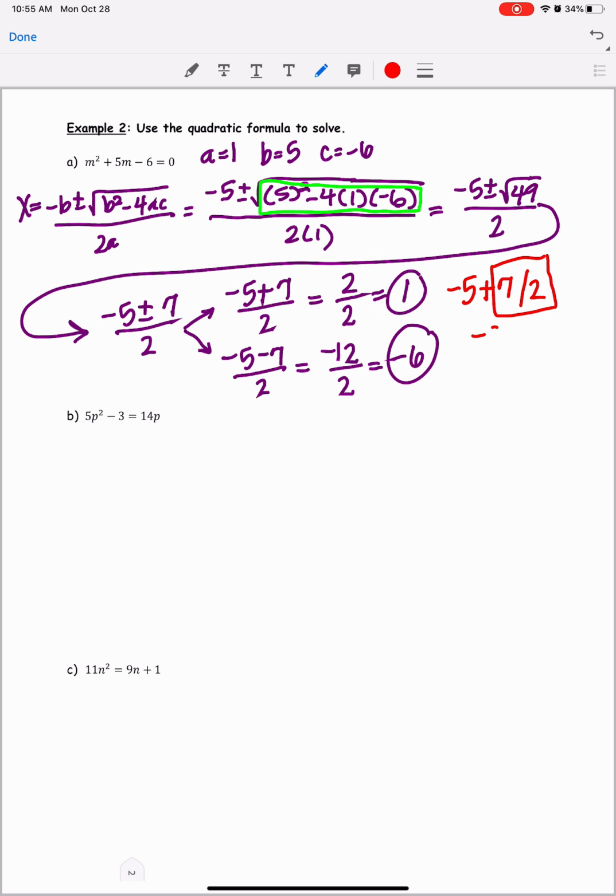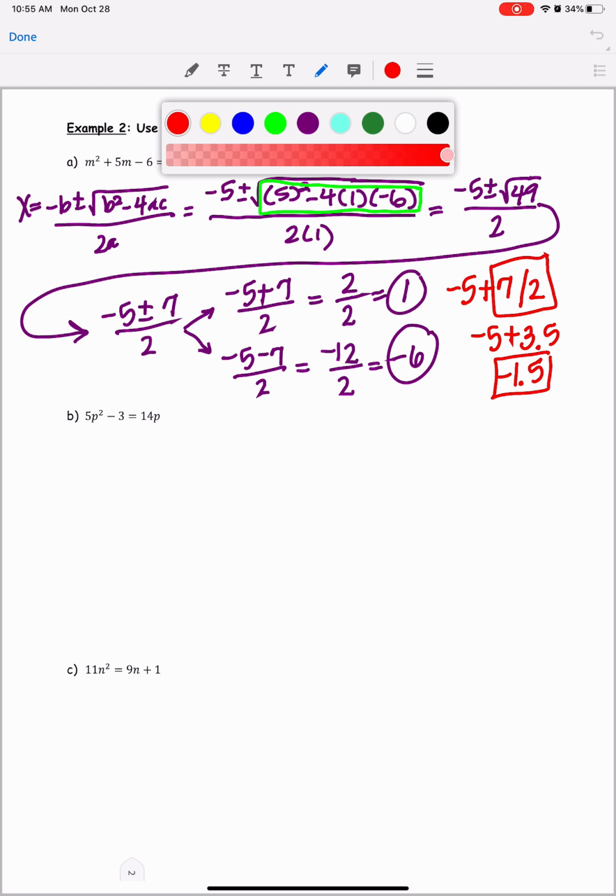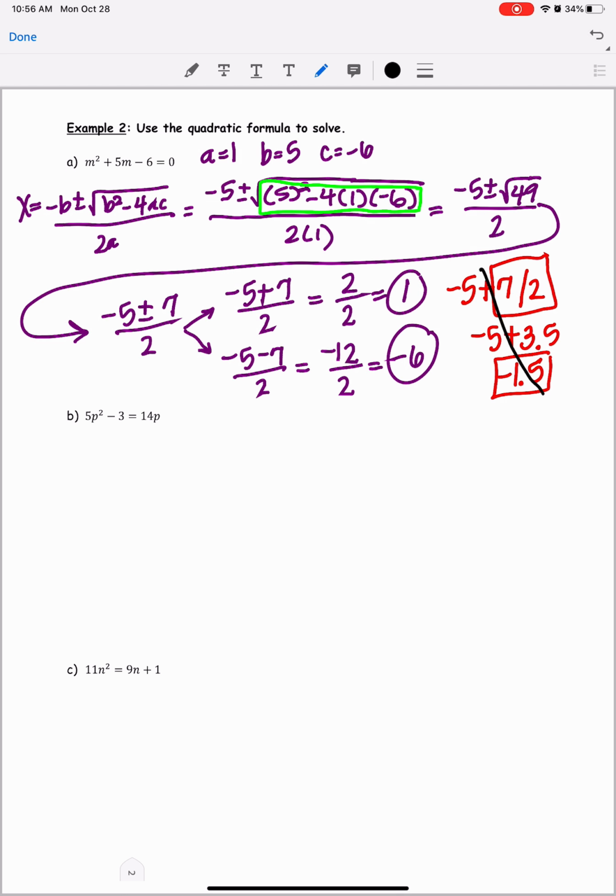So you're going to get -5 plus 3.5. -5 plus 3.5 is -1.5. So if you put it all in your calculator, this is what your calculator is going to spit out, because that's what you're putting into it. It follows mathematically order of operations. It doesn't know it's a fraction. So that's why you have to put this in separately.